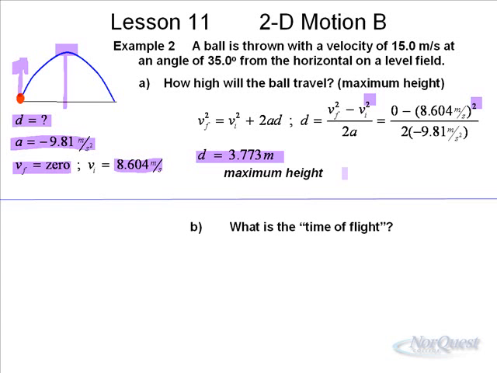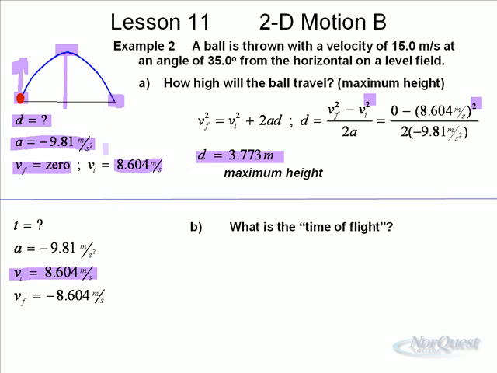Well, there's a couple of ways we can do this, but I'll show you one method, and that is if we said that the initial vertical velocity when the ball left was 8.604, and we determined that using trigonometry previously. When it comes down, because of symmetry, Vf is going to be negative 8.604.